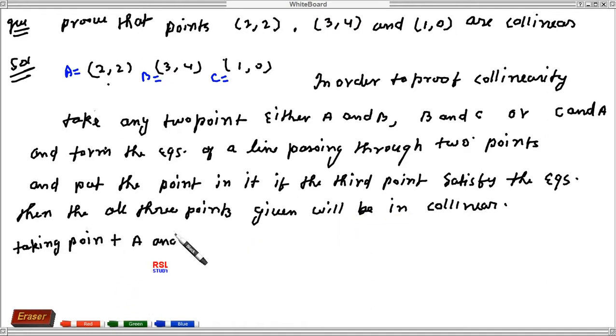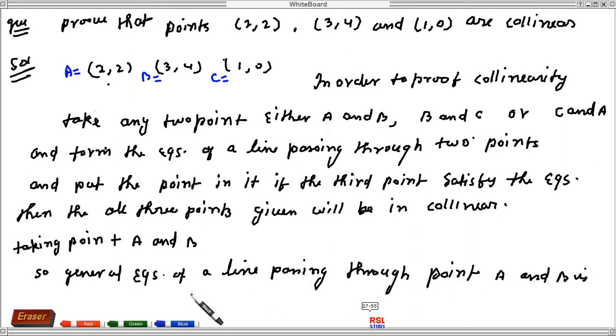Taking points A and B, we will write the equation. The general equation of a line passing through any 2 points is y minus y1 equals (y2 minus y1) by (x2 minus x1) into (x minus x1).